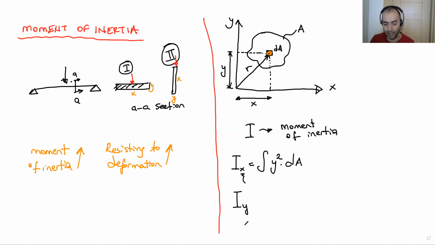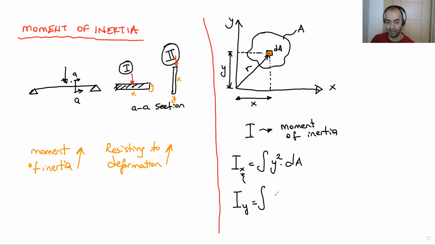I'm going to calculate the moment of inertia for the y-axis. Okay, integral. What was the rule? Area times distance square. We are at the midpoint of the A. What's the distance to the y-axis? As you can see, it's x.